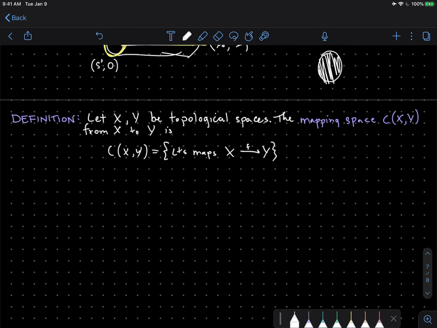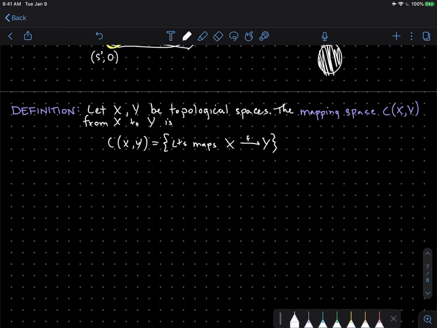But the topology is interesting. With the topology generated by the following basis.